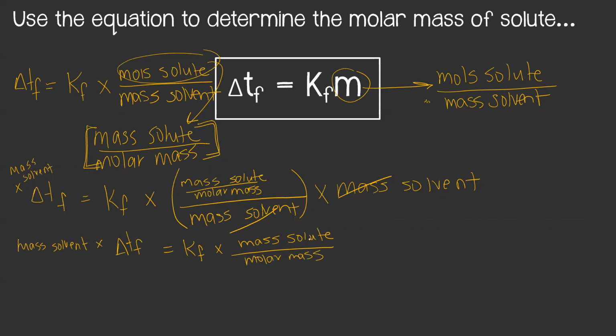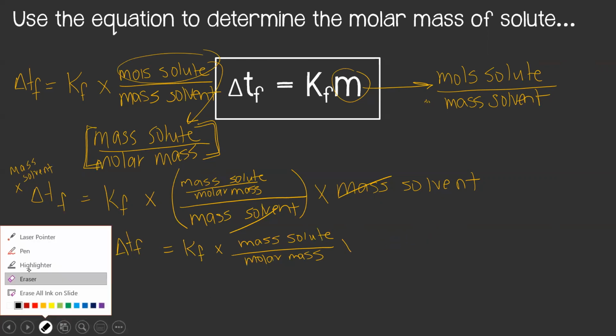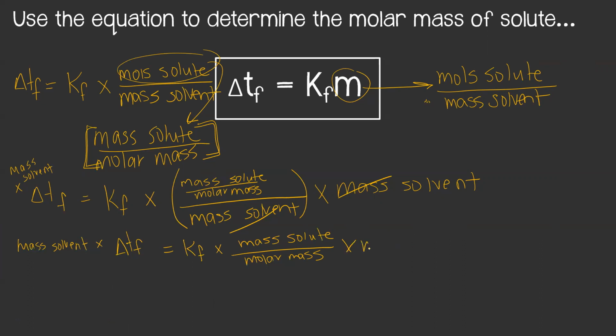Okay, now I want to get molar mass on the top so I can solve for it. So I'm once again going to multiply both sides, and this time by molar mass. Molar mass. Do that to the other side.